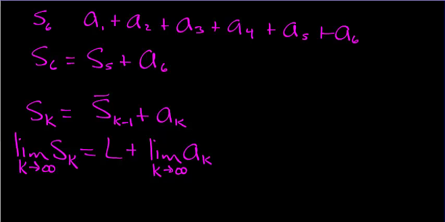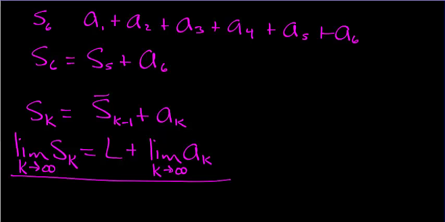Does everybody see that? In other words, s sub k minus 1 and s sub k are going to have the same limit as k goes to infinity. Definitely, right? So do you agree that this is true then?